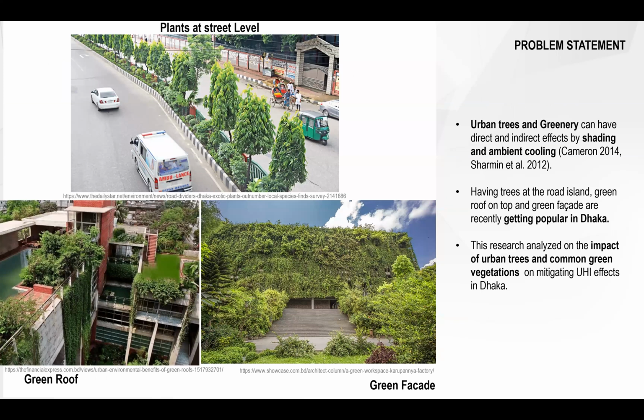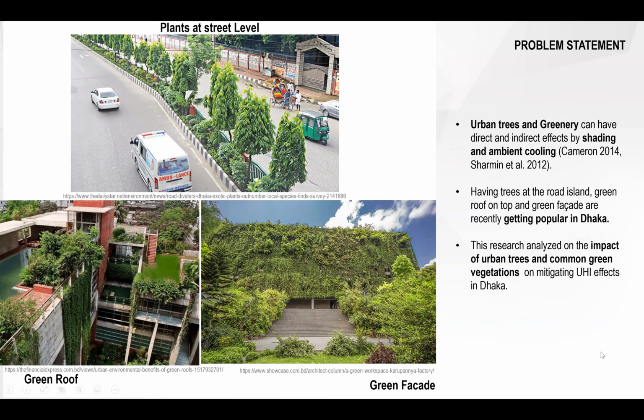Urban trees and greeneries have direct and indirect effects by shading and ambient cooling. Right now, different kinds of green infrastructure are getting popular in Dhaka, like plants at the street level, green roofs, and green facades.